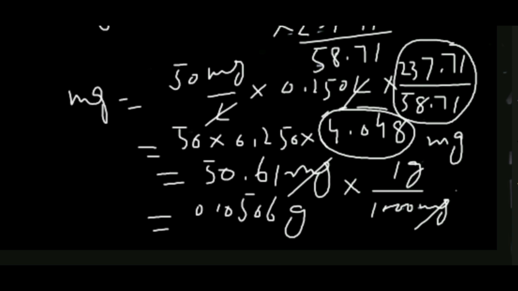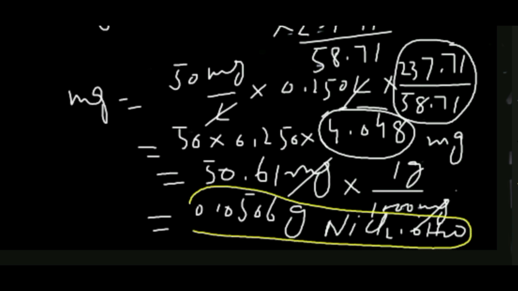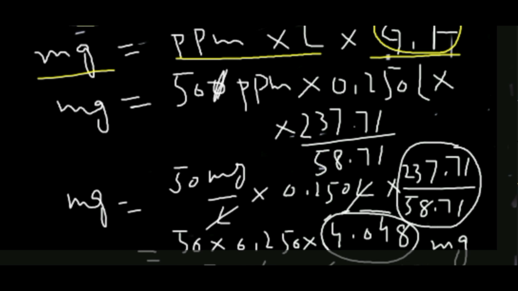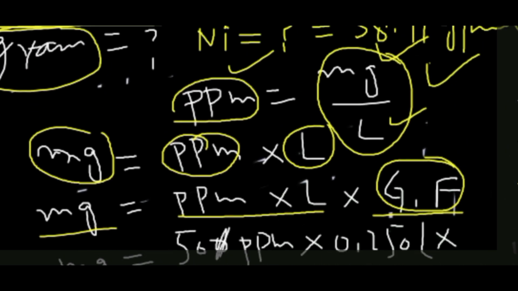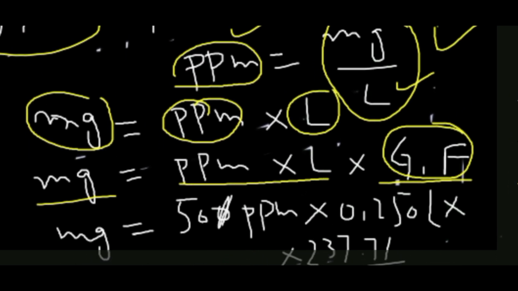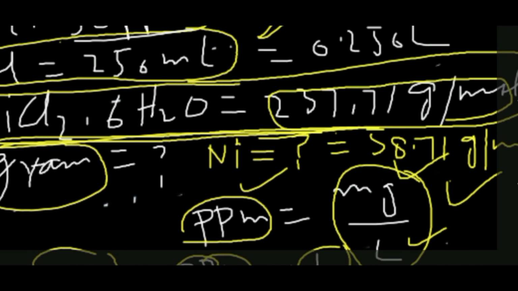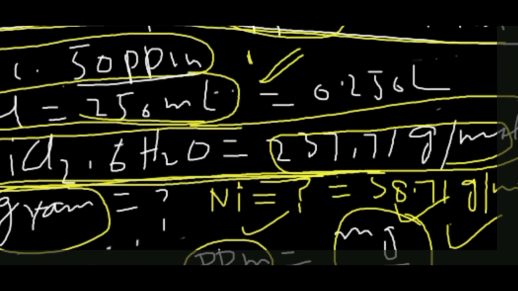0.0506 gram of nickel chloride hexahydrate. So this weight, 0.0506 gram of nickel chloride, will be taken, and the same will be dissolved in DMW up to a volume of 250 ml.